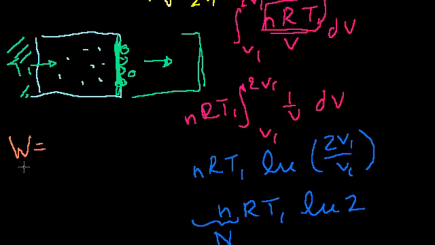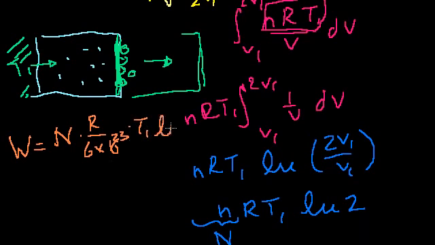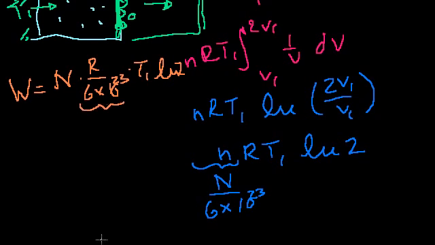So the work done by this system is equal to n times R over 6 times 10 to the 23rd, times T1 times the natural log of 2. Fair enough. Let's make this into some new constant. For convenience, let me call it a lowercase k.